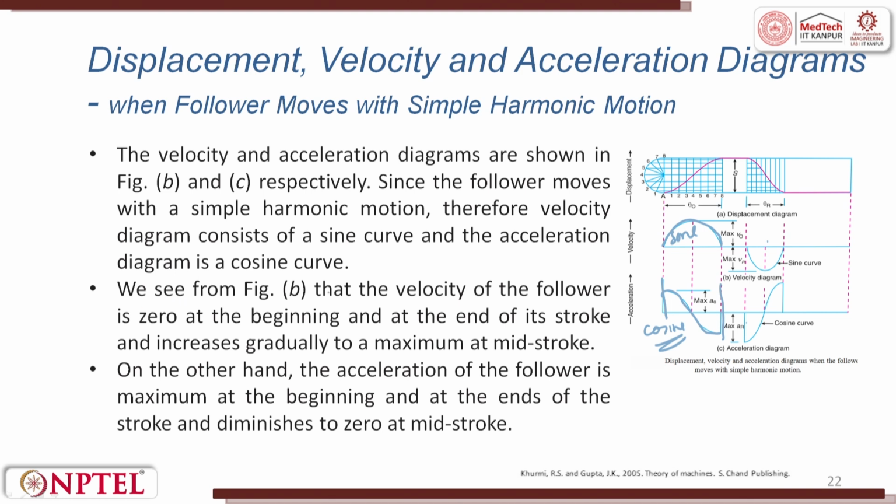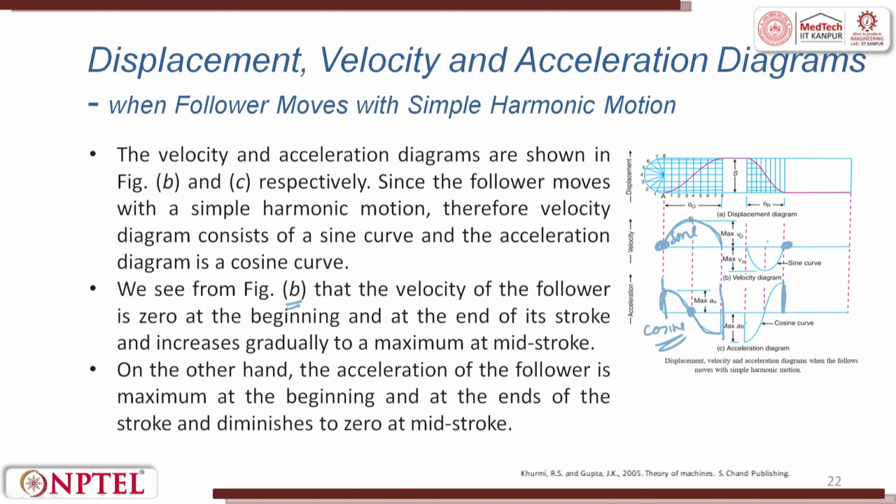We see from B that the velocity of the follower is 0 at the beginning and at the end of the stroke, and increases gradually to a maximum and minimum. On the other hand, the acceleration of the follower is maximum at the beginning and the end of the stroke, and diminishes to 0 in the middle of the stroke.